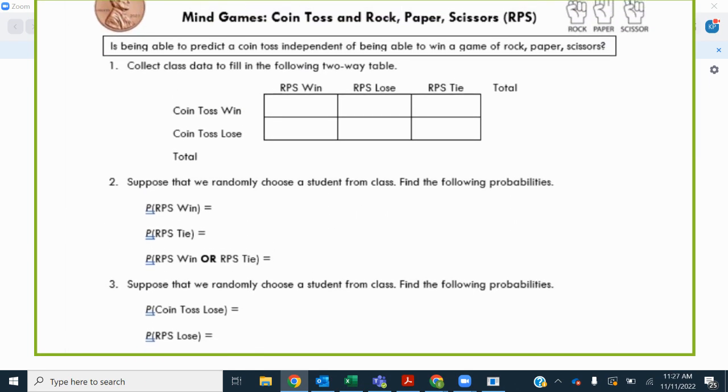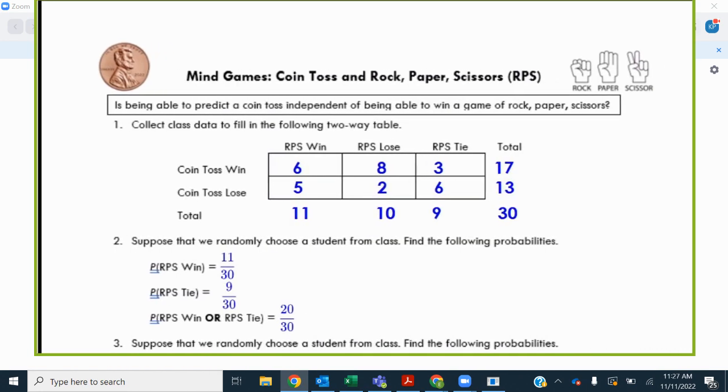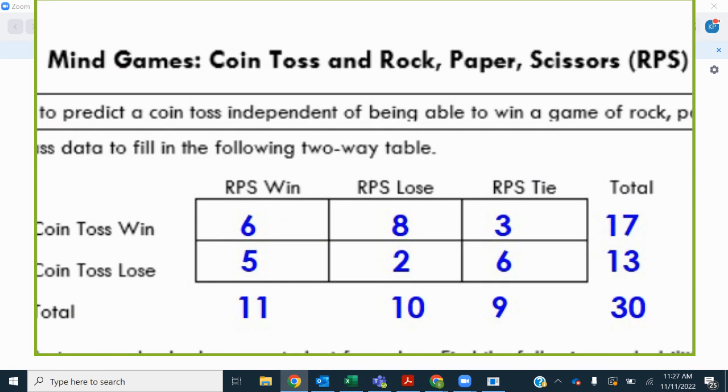Pause the video for you to answer 2 through 7, and then unpause it so I can go over the answers. So here is the data. Go ahead and fill that in on your sheet. Pause the video, answer questions 2 through 7, and then unpause to get some of the debrief from this.